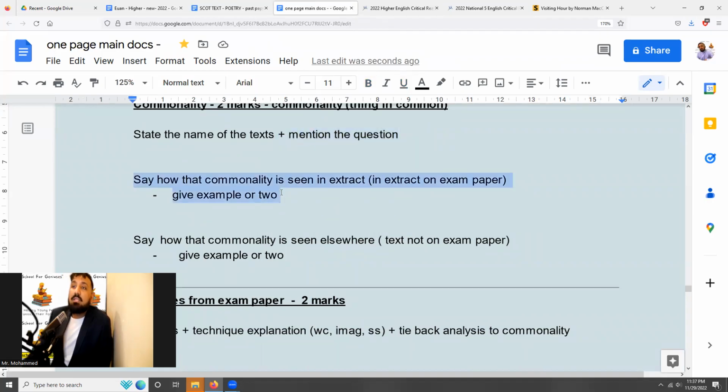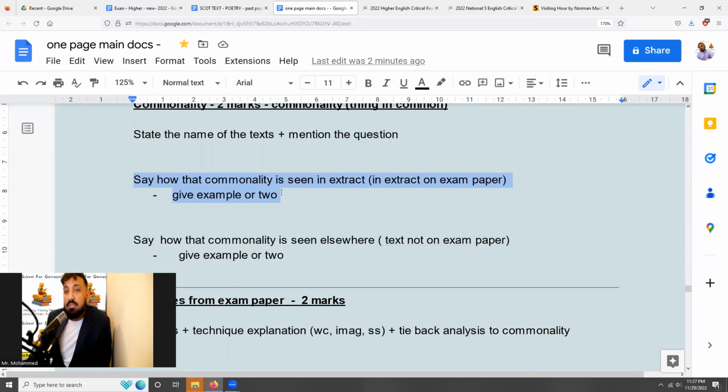Next, you're going to say how you see that commonality in the extract. And remember, extract just means the text that's on the exam paper. So you just say in the extract, and then you quote again whatever it is you're talking about, for example, significant experiences. In the extract, we see the poet exploring significant experiences by, and then you would just give an example.